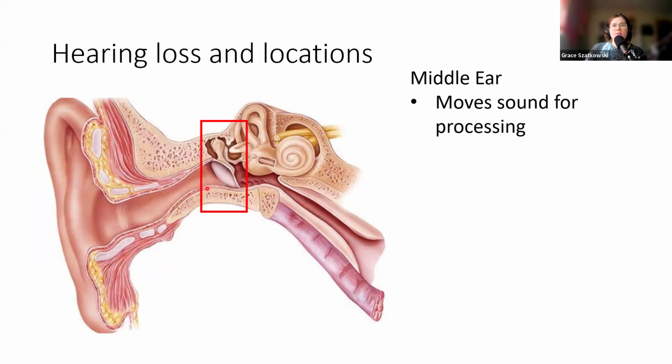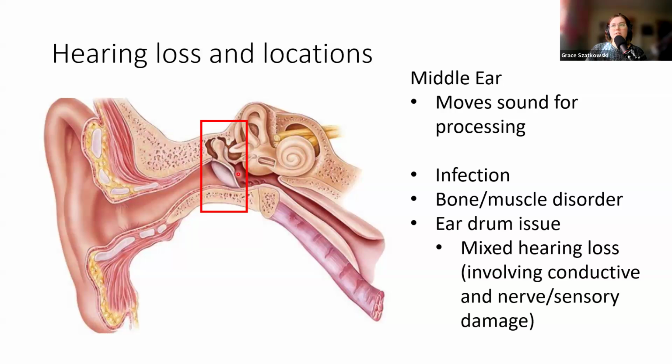The second part of the ear where hearing loss can occur is the middle ear. The importance of this part is to move sound that's been funneled from the outer ear and along to the next place, which is the nerves and cells up to the brain. So it's a very important process and it has three little bones in there. This is also susceptible to damage or can be affected in a way that causes hearing loss as well.